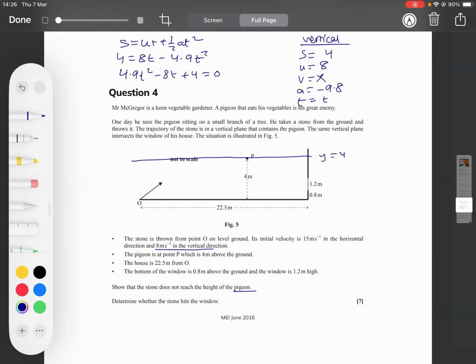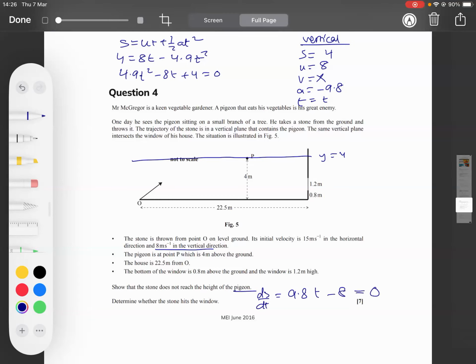Sorry, repeat that again. You can also differentiate it and work out the maximum point. If you differentiate it, ds by dt is 9.8t minus 8.